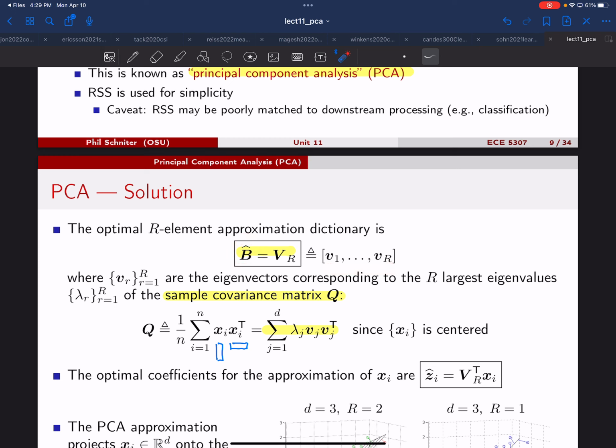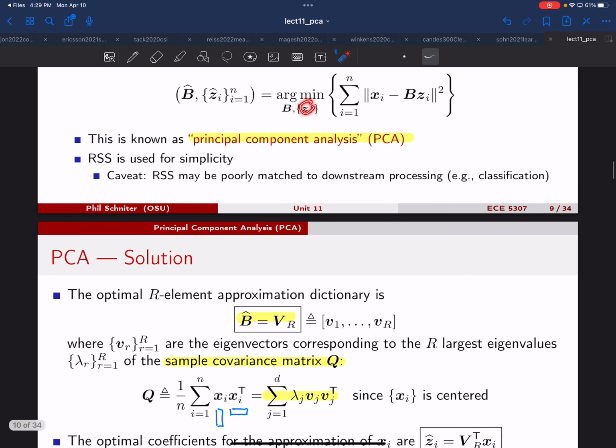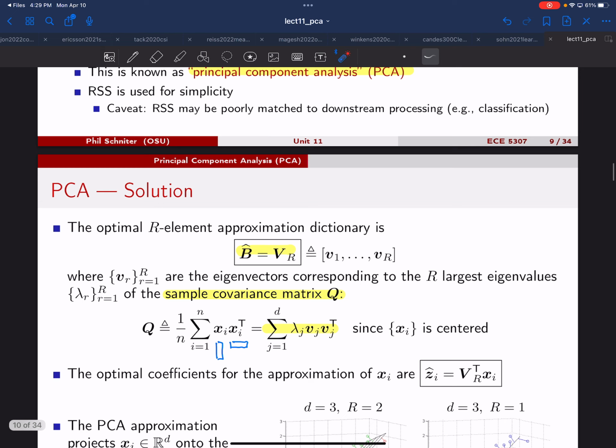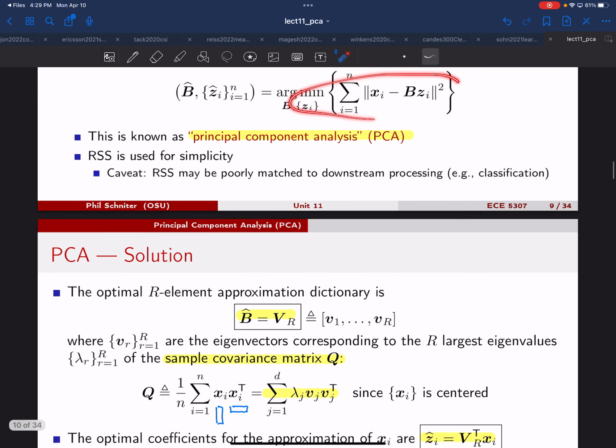Then, to get the optimal coefficient vectors zi, these short little vectors, you multiply your original data samples by that same matrix transpose, and that gives you the little zi's. Together those zi hats and this b hat are the ones that minimize this RSS.